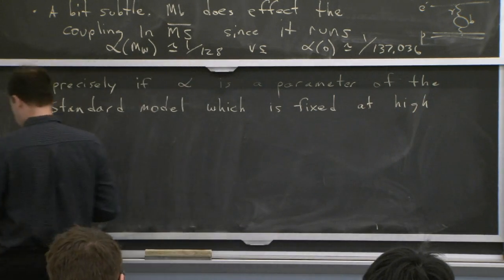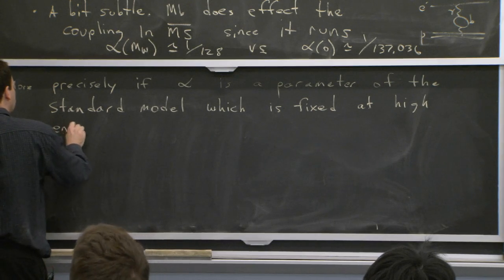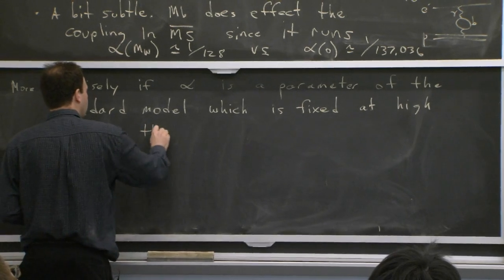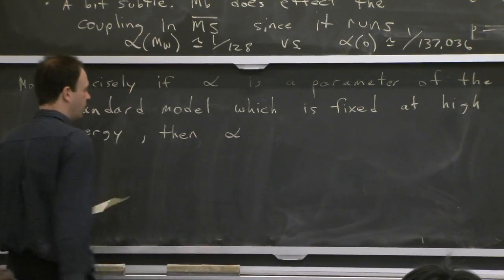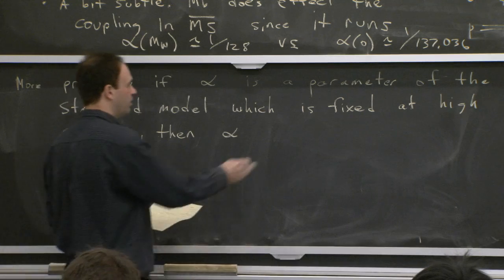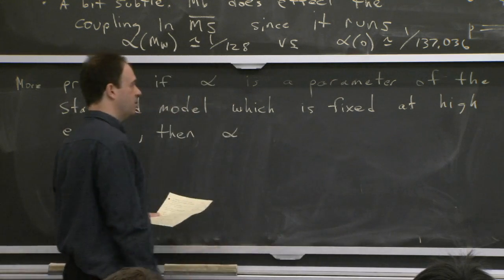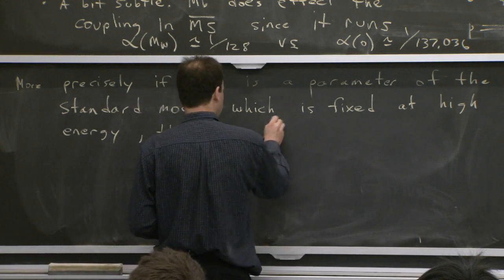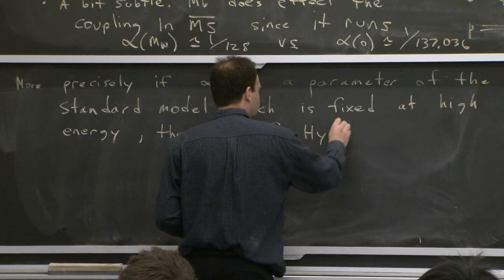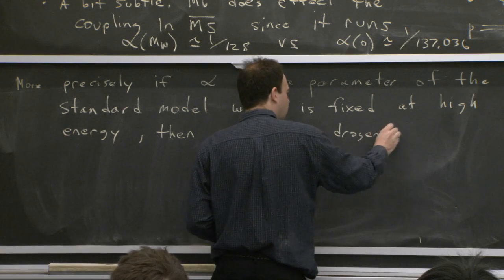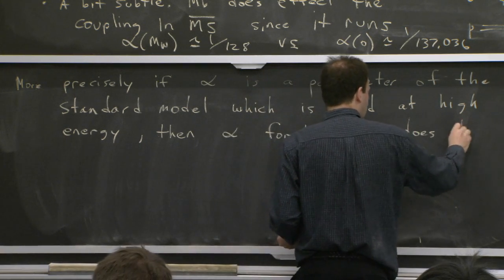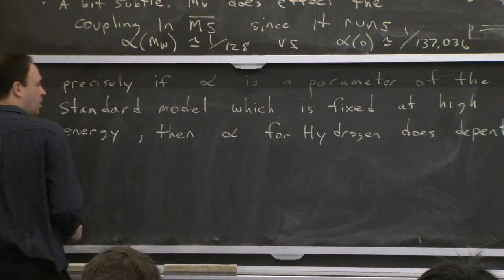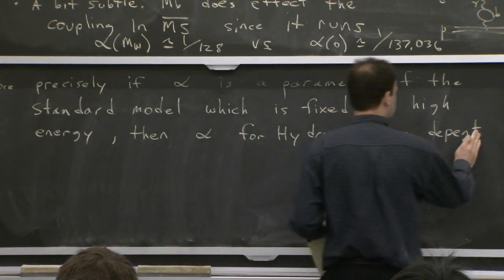We determine, for example, this value. If we take that attitude as how we define the parameter, then the parameter that actually matters for hydrogen, which is this parameter at the low scale, does depend on the bottom quark, because how we get from the high scale to the low scale depends on the fact that the bottom quark exists.